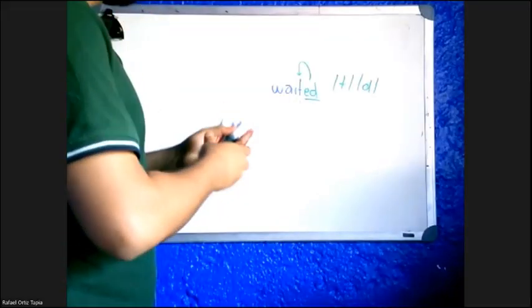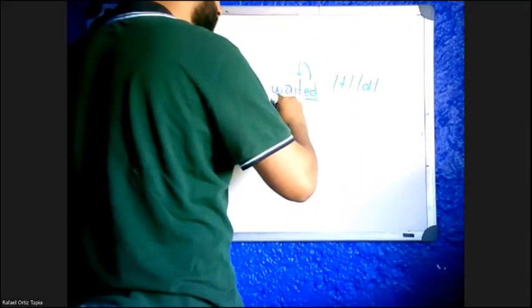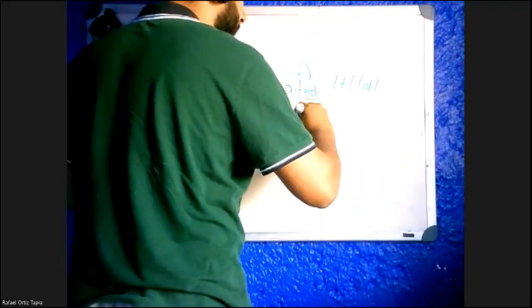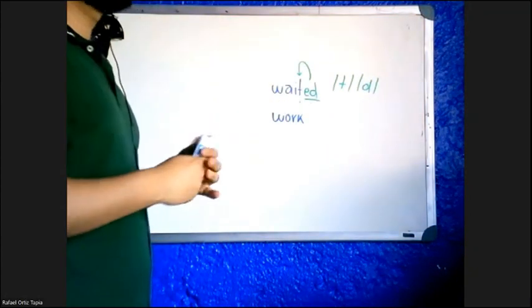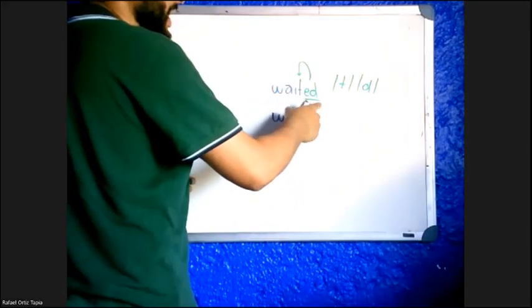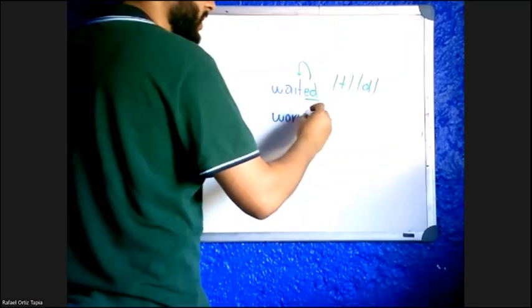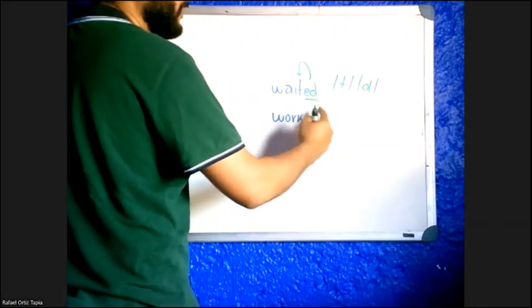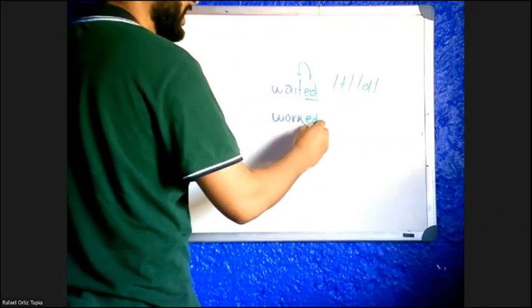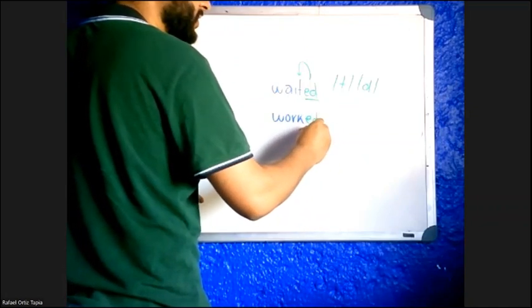Okay. Now, if you have something like this, for example, work. So if you want to say trabajé, you need to write it like this. But now you need to have in mind what kind of phoneme you have before the ed. In this case, you have the phoneme k.